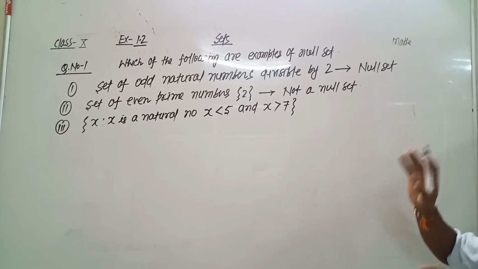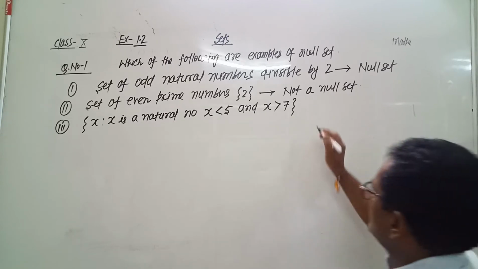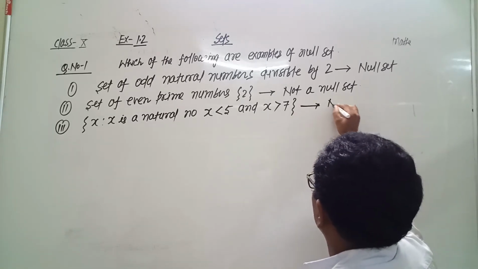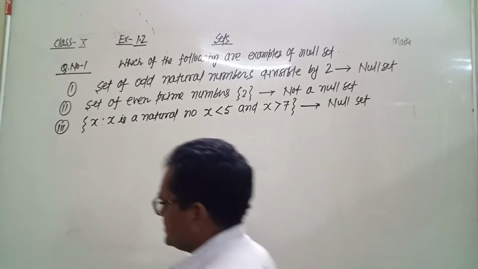So 5 से छोटा और 7 से greater, not possible. So this is a null set.